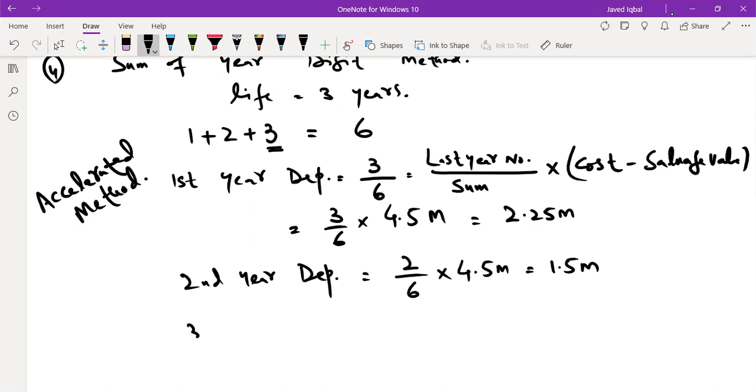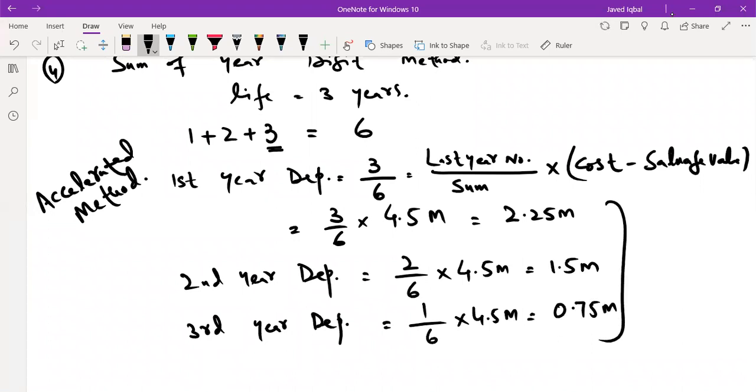And then the third year depreciation would be 1 divided by 6 into 4.5 million. This comes to be 0.75. All in all, these three, when added, will become 4.5 million. So we have already left out the salvage value, so you don't have to worry about it. So this was the accelerated method.